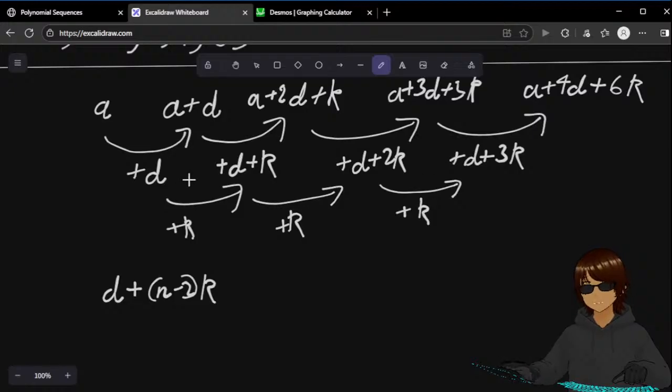Wait, hold on. The sum of this would be the first one plus the last one, n over 2 times.